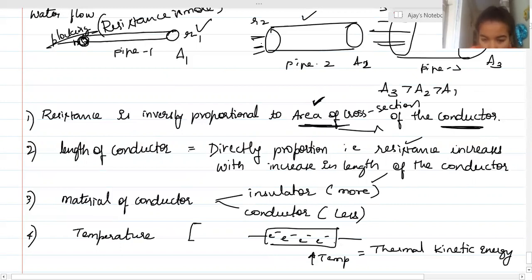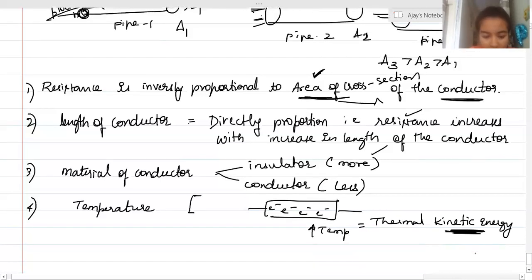The electrons gain kinetic energy through heat. What is kinetic energy? Energy gained by motion of a body.